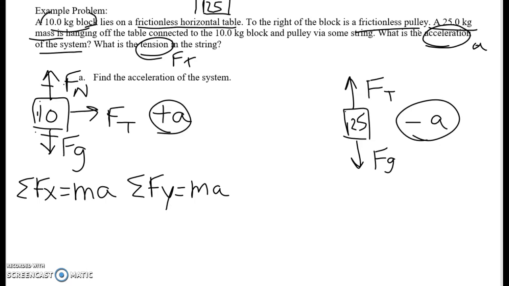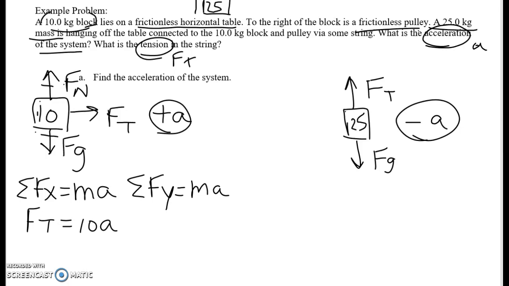So in the x direction, I know that I have tension. It's on the block. My mass is 10. And my acceleration. So going back up, I know that I don't know tension and I don't know acceleration because those were two of the questions that I was asking to find. So I have two unknowns in this equation, and that's okay. I'm going to stop there.